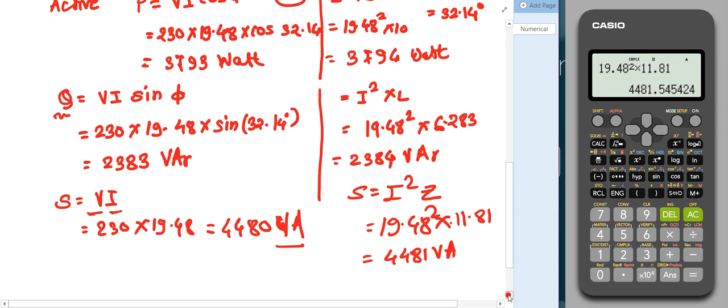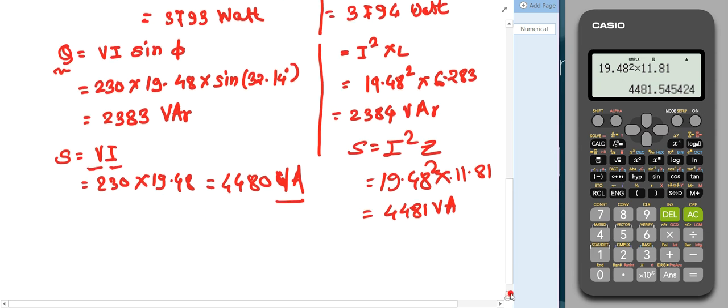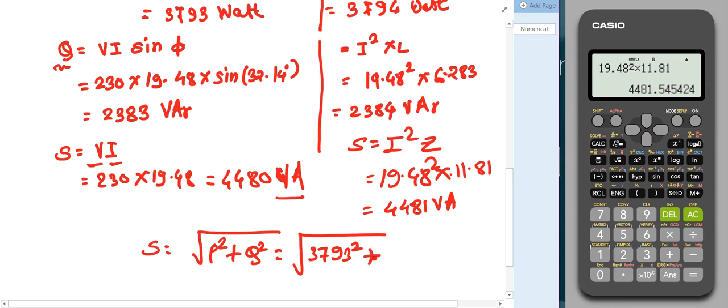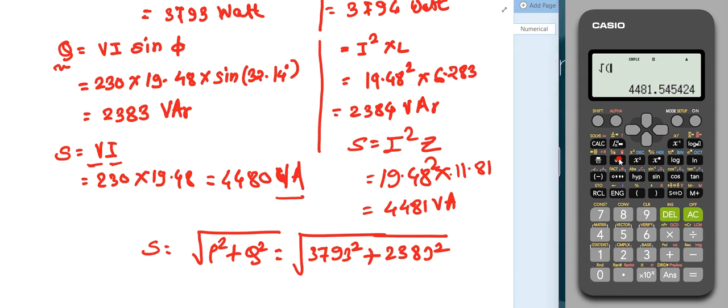There is one more formula to calculate the value of S. S can be calculated as under root P square plus Q square. That is under root 3793 square plus 2383 square. You can calculate this on the calculator.